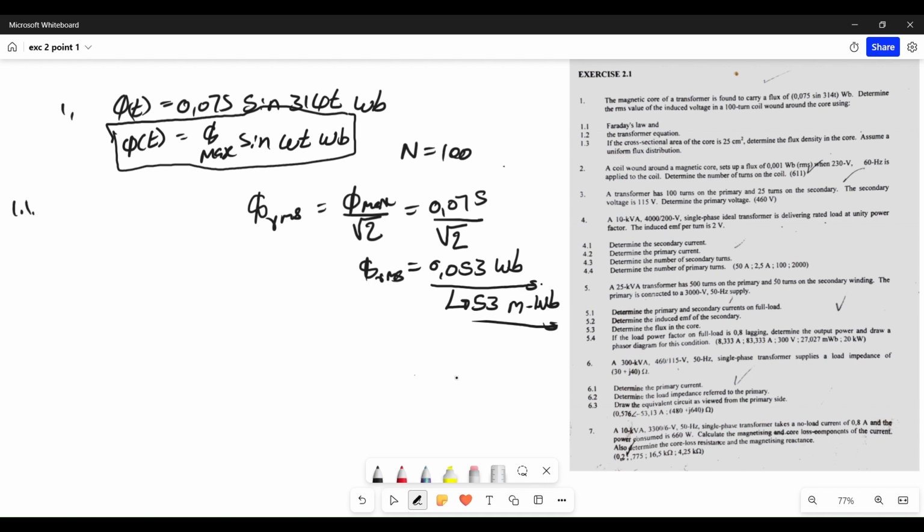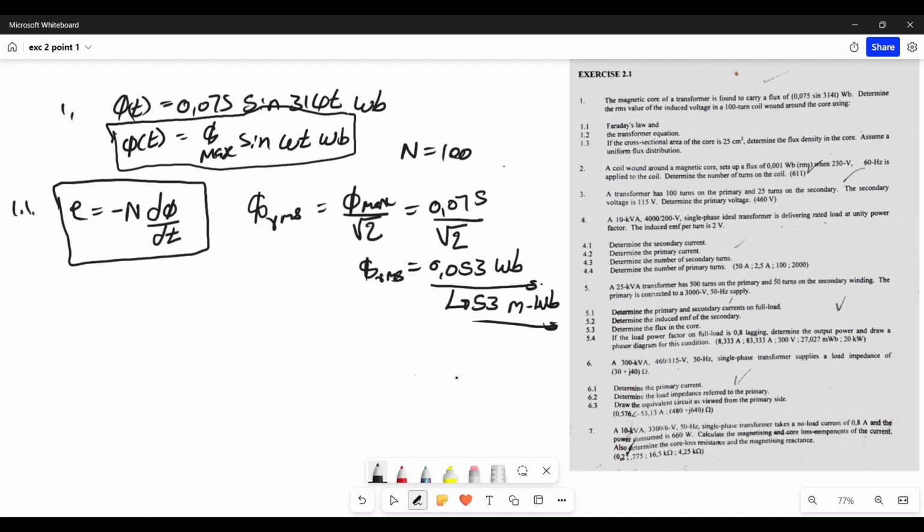We see this by the equation E, which represents the induced EMF. So we have E is equal to negative number of turns times the change of flux with respect to time. That's why it's negative, because it's opposite. This is what they mean by we must calculate the induced voltage using Faraday's law.